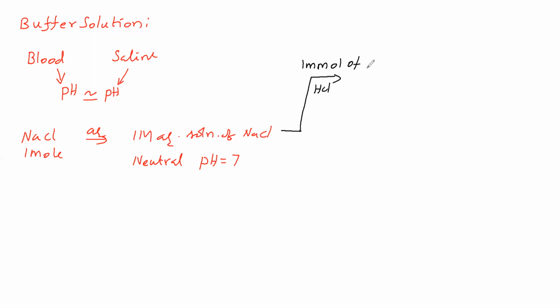So in the resultant solution, the HCl concentration is 1 millimole by 1 liter, that is 1000 ml. So we get 10 power minus 3 molar concentration of HCl in the resultant solution.